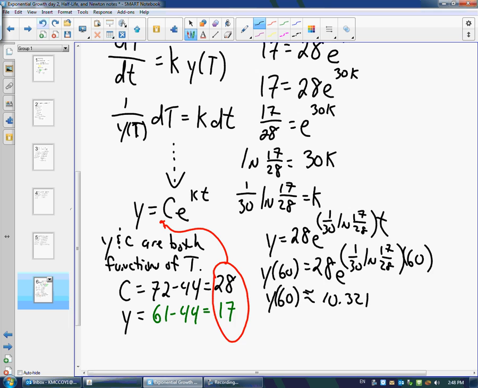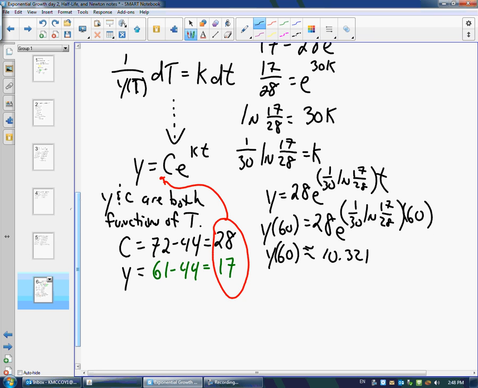You're right, it doesn't make sense, but you have to remember that y is the temperature of the object minus the temperature of the surroundings. So in this case, we have to add back in the temperature of the surroundings, and the temperature of the surroundings was 44 degrees. So the actual temperature after 60 minutes is approximately 54.321 degrees.